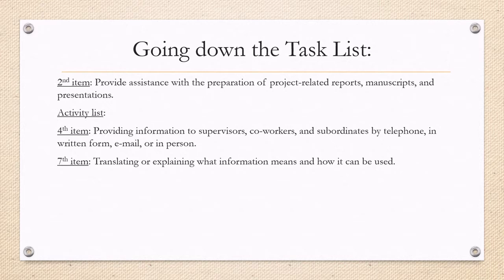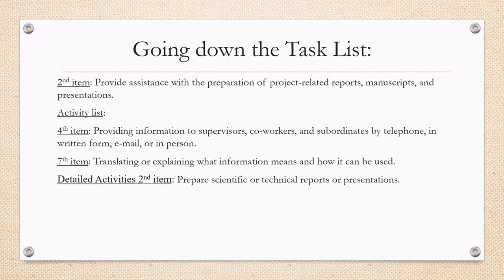The seventh item says translating or explaining what information means and how it can be used. In the preparation of a report, you have to take information and explain where it came from and what it means, and perhaps what implications it might have.